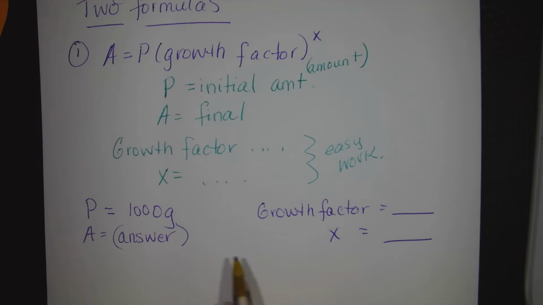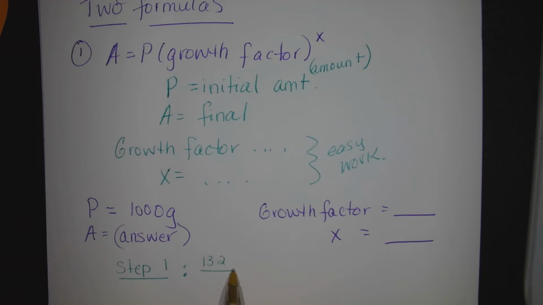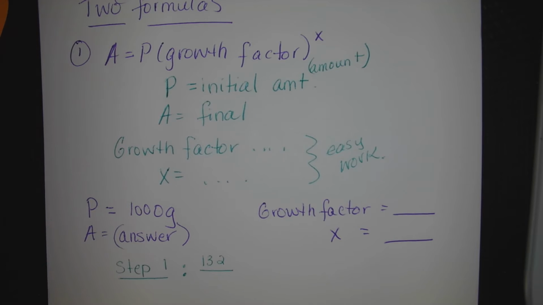Okay. Step number 1. 132 divided by what? What's the other number? 66. And if you do the math, it works out perfectly. Does anybody know that? 2.